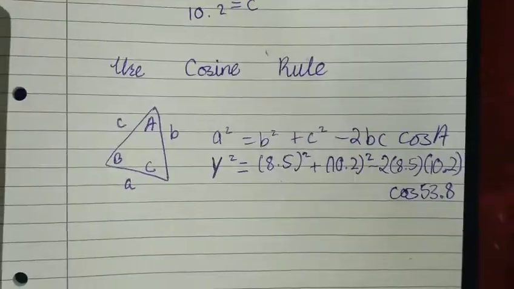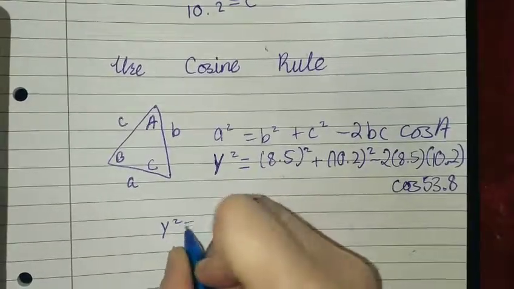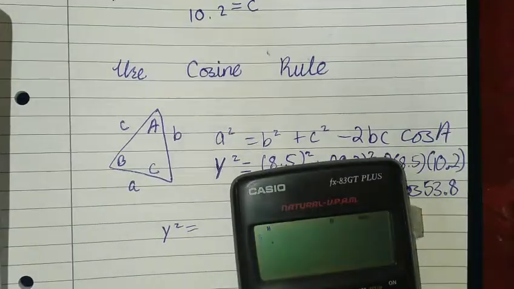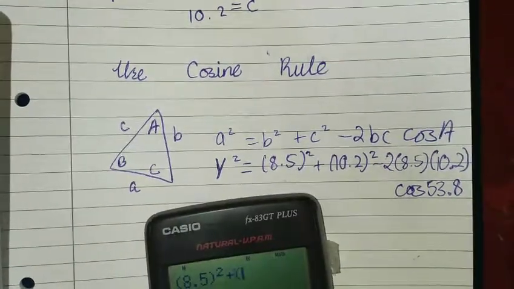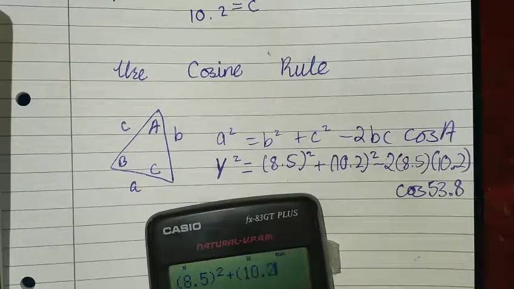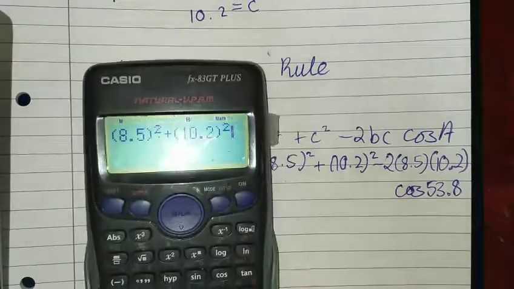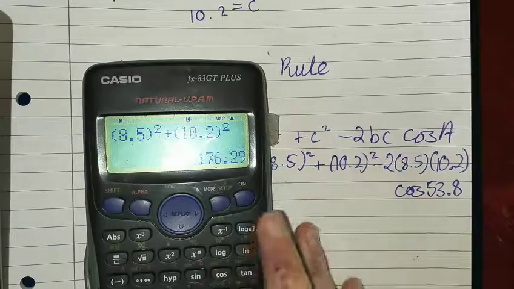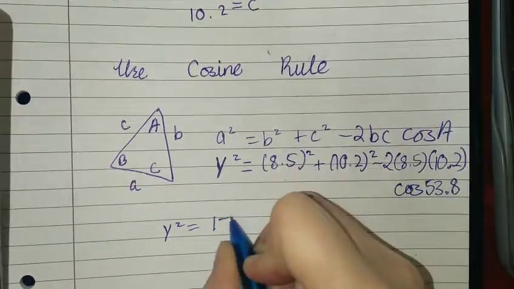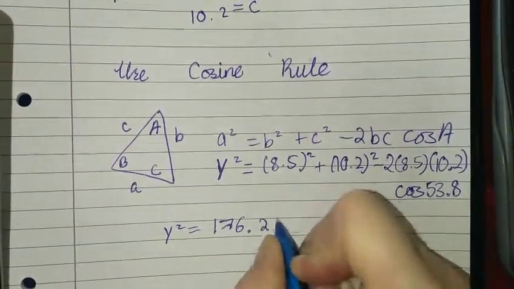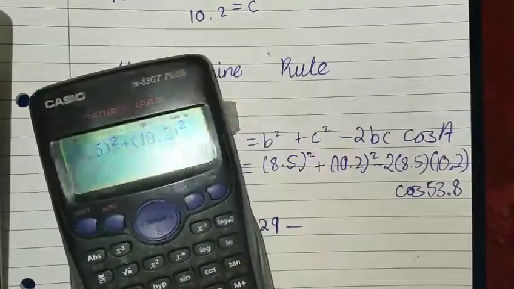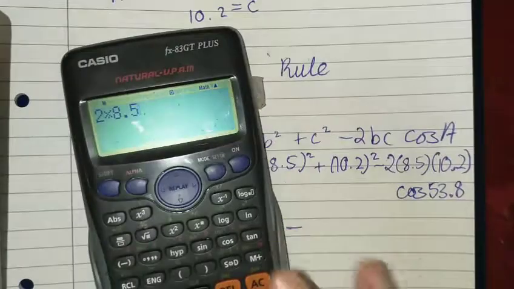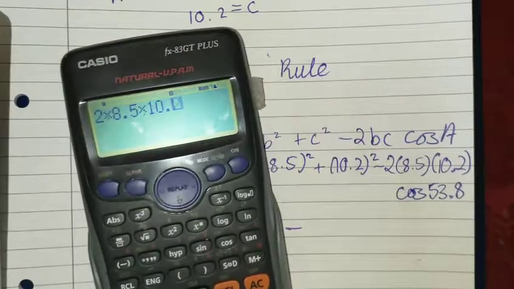So if I'm to do this, y squared, so I'm going to add 8.5 squared plus 10.2 squared. If I put them together, I get 176.29, and then that's going to be minus 2 by 8.5 by 10.2.